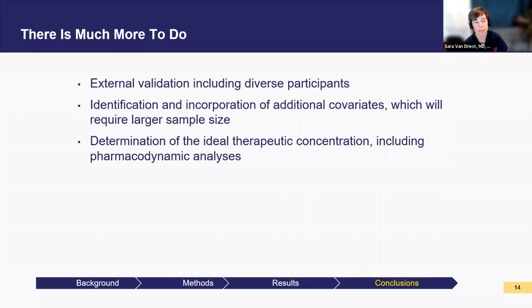So those pharmacodynamic studies and doing those analyses are a really important next step. We do need to explain the pharmacokinetic variability, and that can be very helpful in being able to adjust then for the pharmacokinetic variability when we do the pharmacodynamic studies.